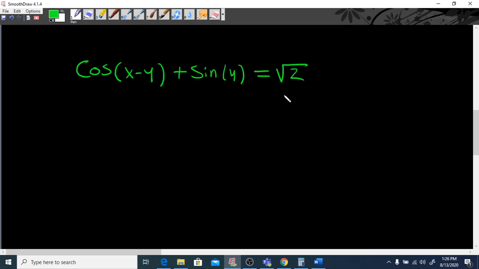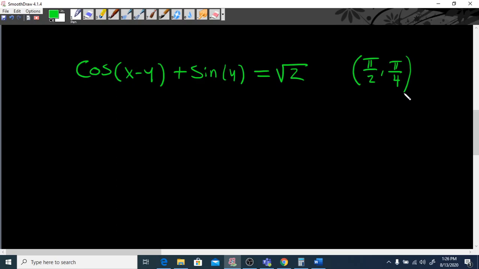Okay, so we have this implicit thing going on, and we want the slope of the tangent line at the following point. And they give you this. This is given information: pi over 2, comma, pi over 4.